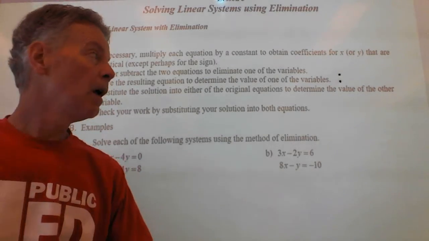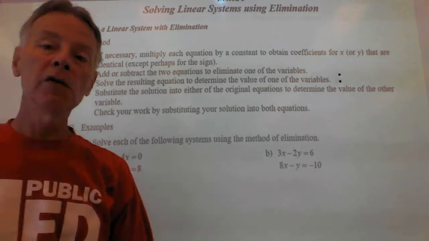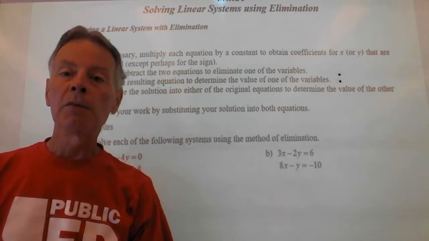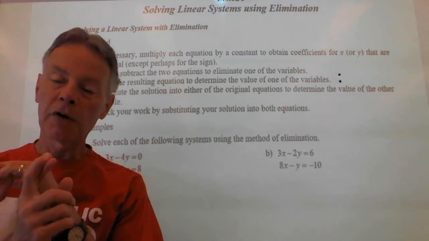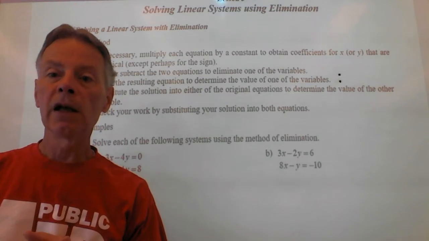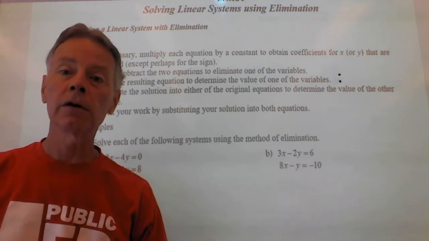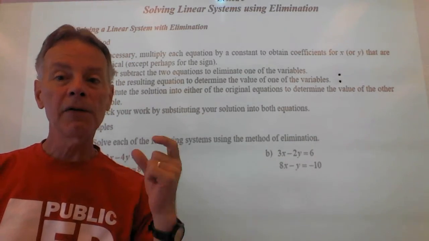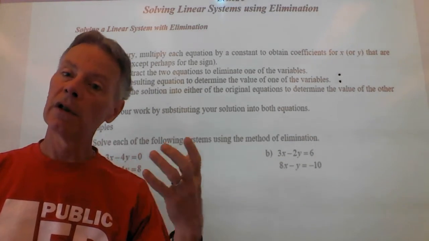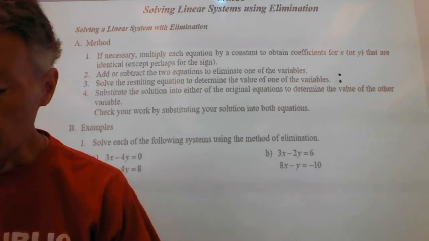Okay? So, when you solve a system using elimination, you're not isolating one variable the way we did with substitution. What you're doing is you're trying to manipulate one equation or the other so that you have the same coefficient on your x variables or the same coefficient on your y variables.